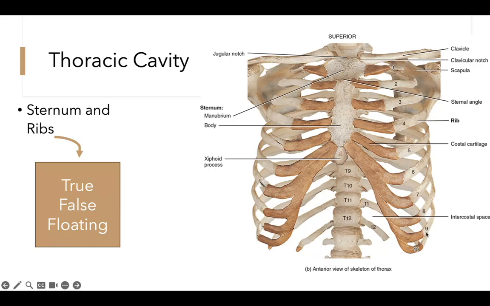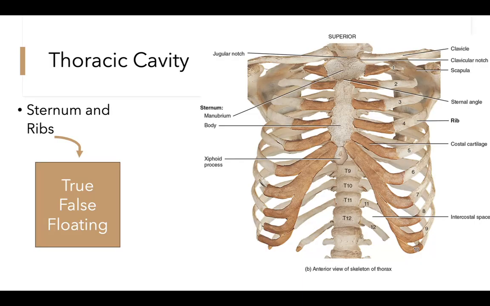Just a fun fact. And then to be considered floating is that you have no connection to the sternum at all. So there's no costal cartilage coming off of these ribs back here, 11 and 12. They literally are floating. So true ribs, 1 through 7, have direct connection to the sternum via costal cartilage.